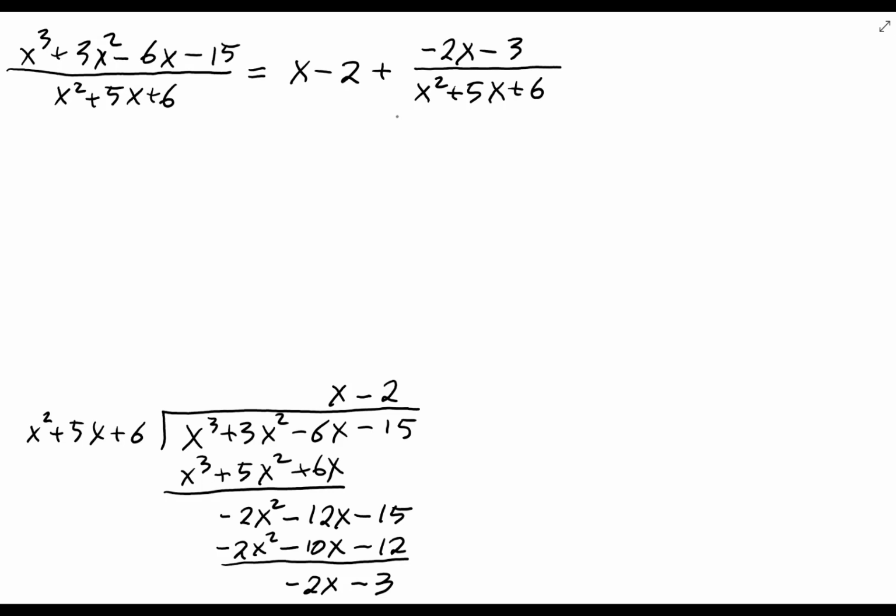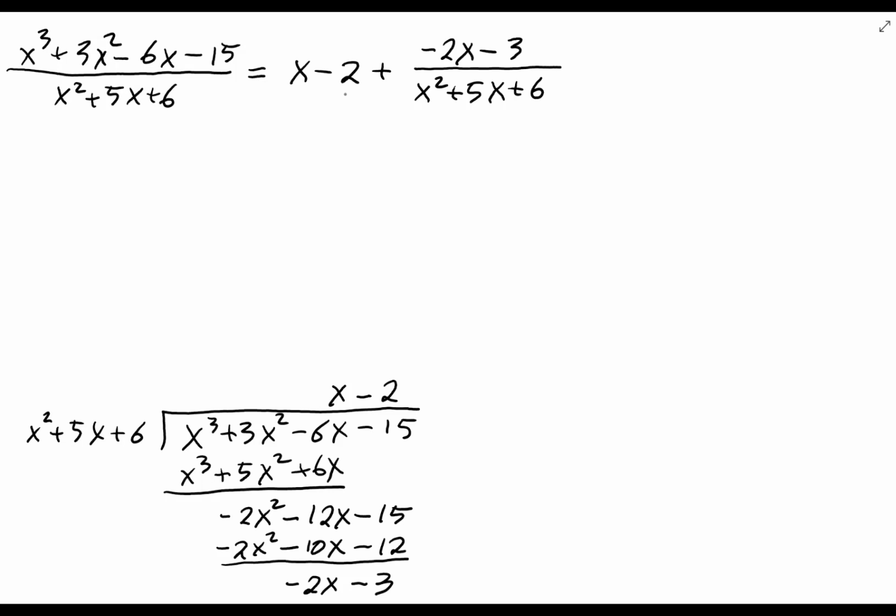Now, on this thing, we can use partial fraction decomposition. And when you write out your answer, you're going to have to make sure to put that x minus 2 in your answer.